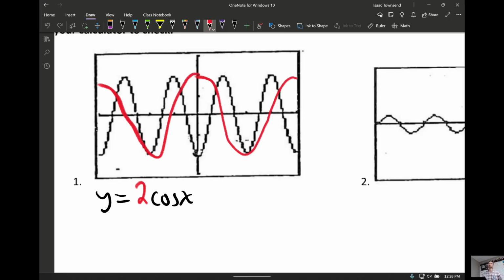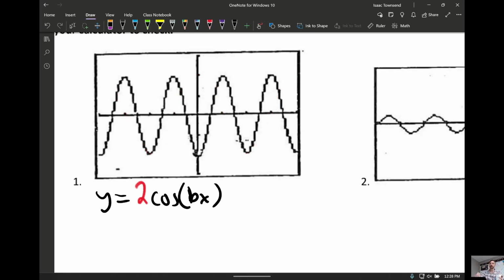The other thing that looks off is the frequency, which we call period. What part of the equation changes period? B. Okay, B, which is right next to x. And for me to know what the period should be, I have to measure it from my graph.